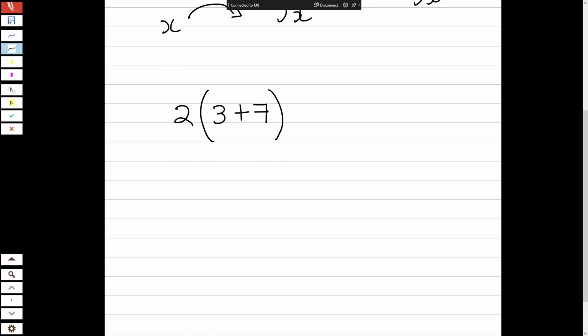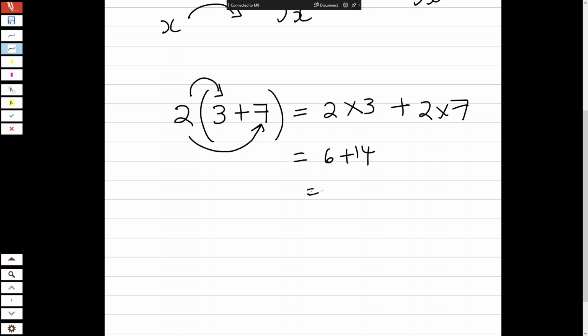Three plus 7 is 10, and 10 times 2 is 20, right? So if I expand this using our method, I could do 2 times the first number plus 2 times the second number, which is 20.